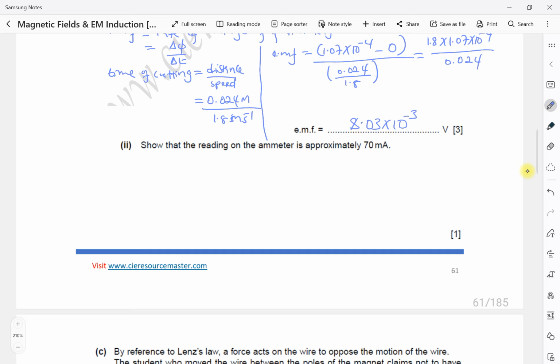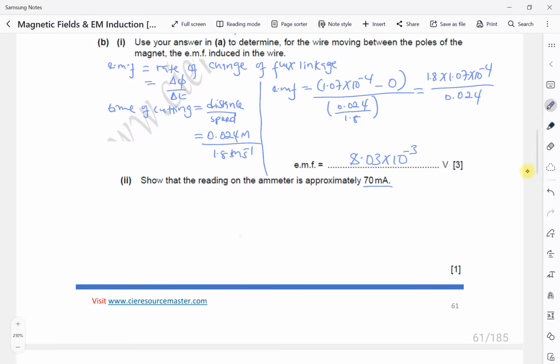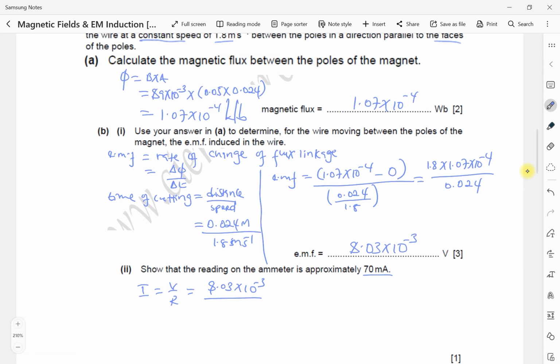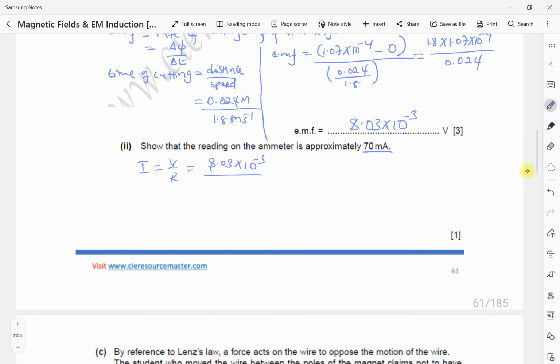Show that the reading on the ammeter is approximately 70 milliamperes. In other words, show that the current is approximately 70 milliamperes. So we know that current equals V over R. V is 8.03 times 10 to the power of minus 3, divided by R. What is the resistance of the ammeter? 0.12.